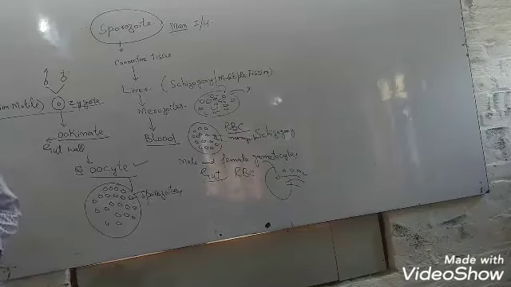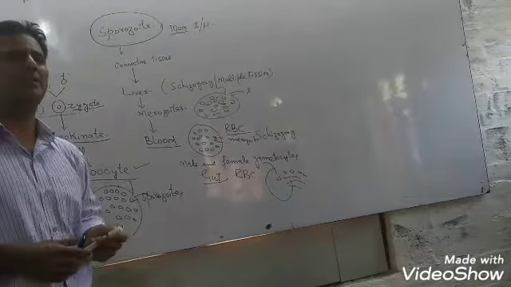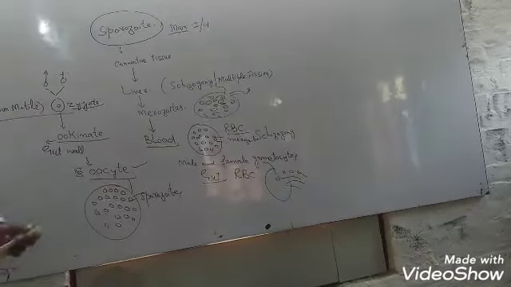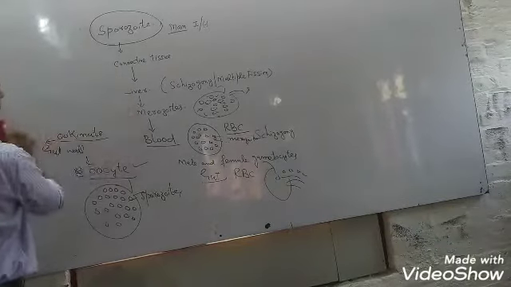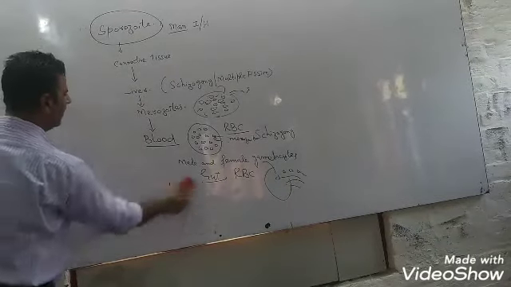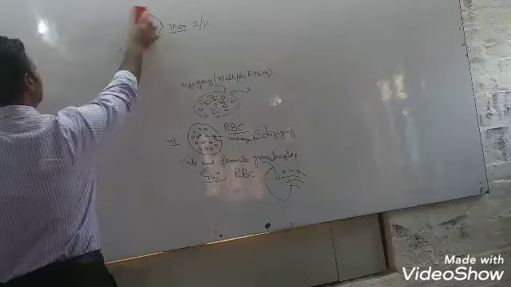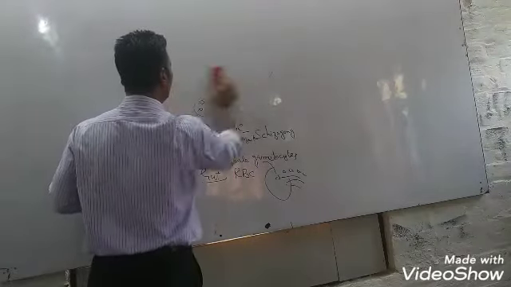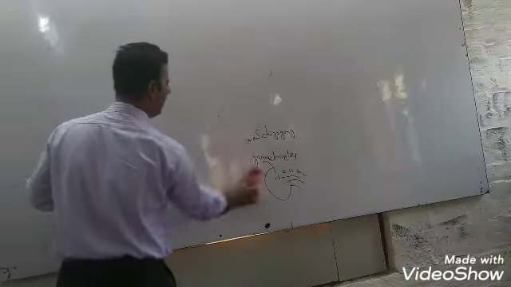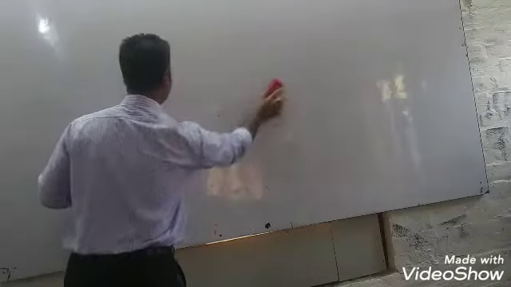At the same time, who is the causative organism for malaria? I told you it is definitely a protozoan, and that protozoan we call Plasmodium. But there are a number of species of Plasmodium involved in causing malaria.